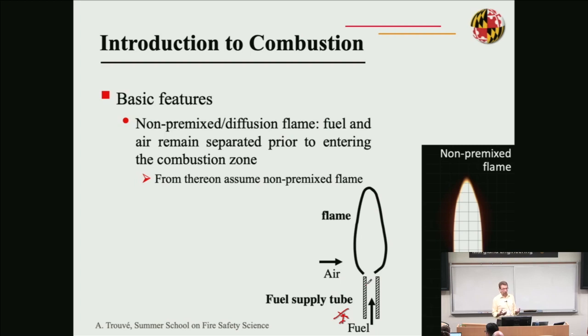So in that configuration, fuel and air remain segregated before entering the flame zone. And in fact, what's going to control the structure of this flame is going to be the mixing process between fuel and air. So two configurations for gas combustion that are quite different and controlled by different physics, and that's a classical viewpoint in the combustion literature.